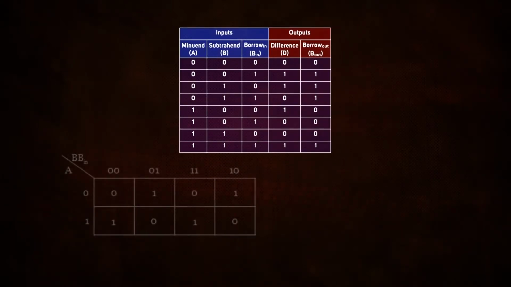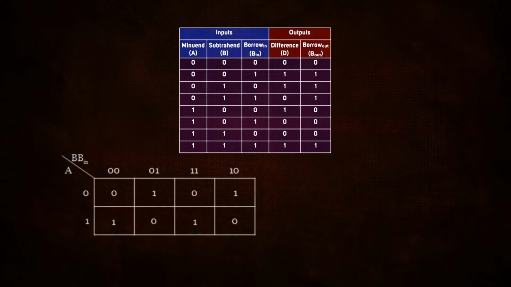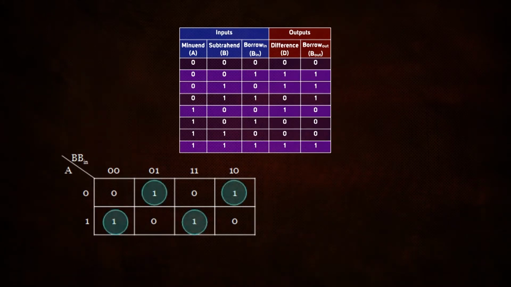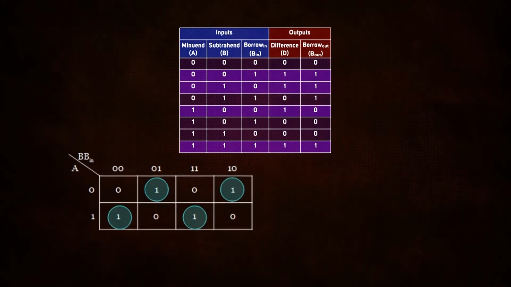Draw the K-map for the output function difference. From the truth table, we see that the input values 0, 0, 1, 0, 1, 0, 1, 0, 0 and 1, 1, 1 produce 1 for the difference output. Mark them in the corresponding cells of the K-map. No groups are formed.